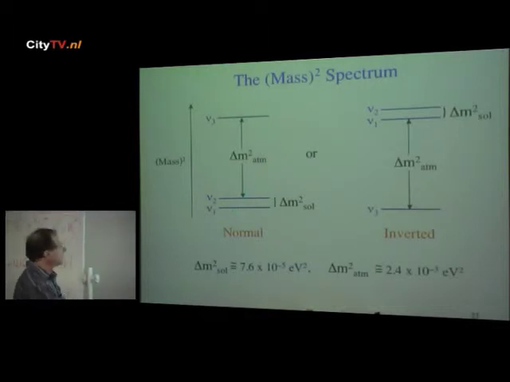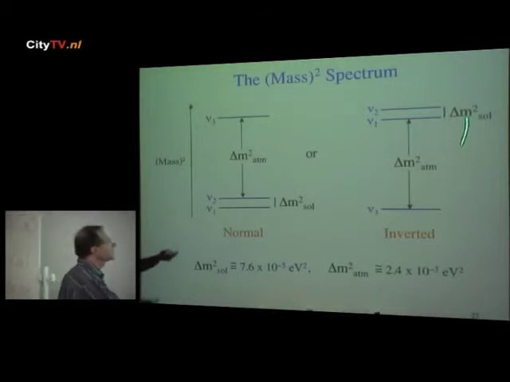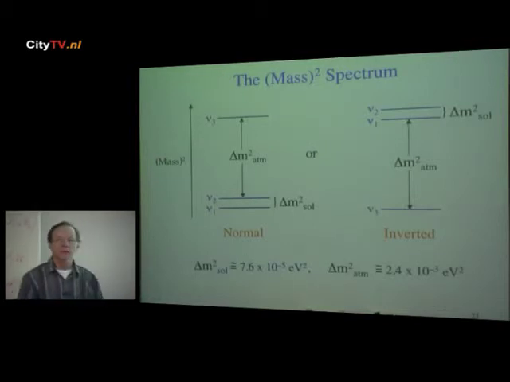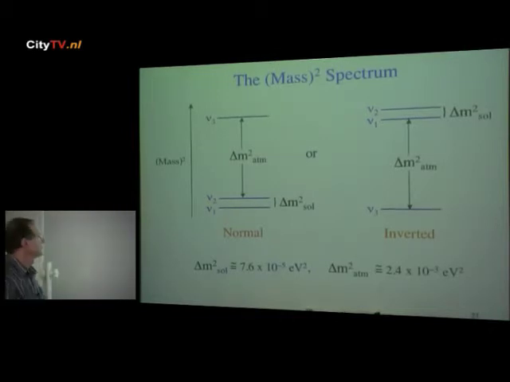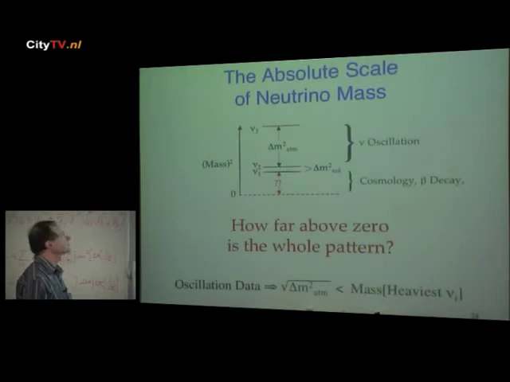For instance, the up quark, the charm quark, and the top quark way the heck up there. On the other hand, it could look like this. And if the neutrino spectrum looks like that, it would be called inverted. If it looks like the other spectra, it would be called normal. That just means it looks like the other spectra. This is an interesting question. We don't know the answer.